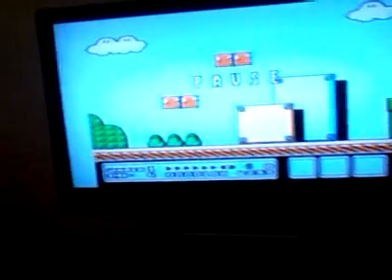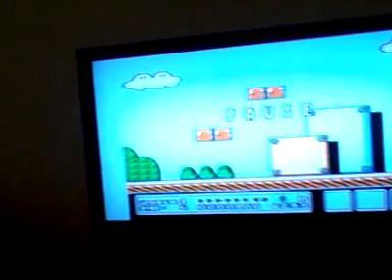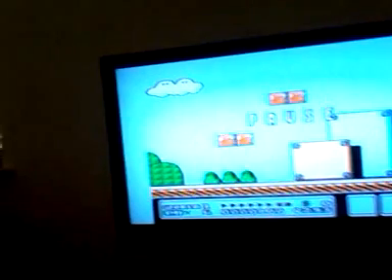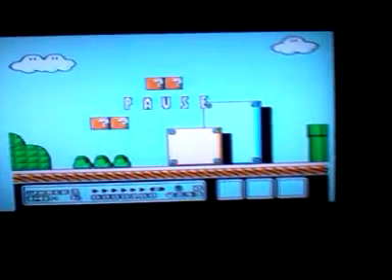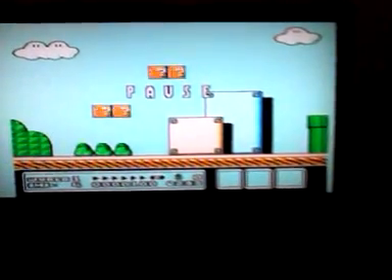And because that's not the case, we get a lot more artifacts than we're used to seeing on standard definition TVs. And a lot of retro consoles ran at a lot of resolutions. They ran at 256 by 240, which is the resolution NES games ran at, 224 by 200, 256 by 224, 320 by 224, 320 by 240, and it goes on.